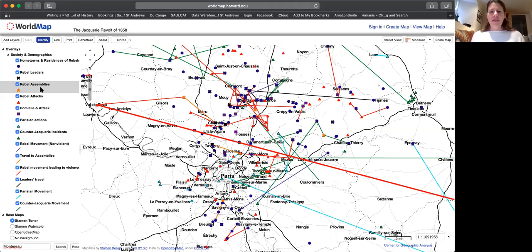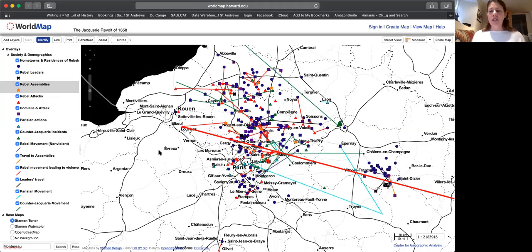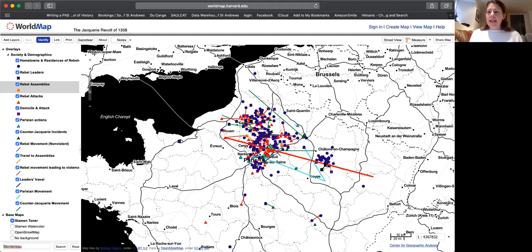Over the course of the next 6 weeks, the Jacquerie covered a very large area. And you can see there are even some further echoes very far outside of the Jacquerie heartland in the Ile-de-France and in this part of Champagne here. The Jacquerie lasted until well into July.